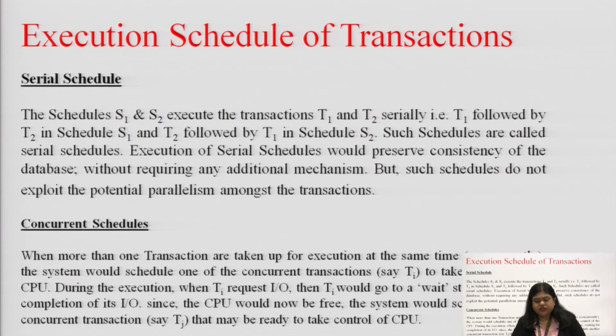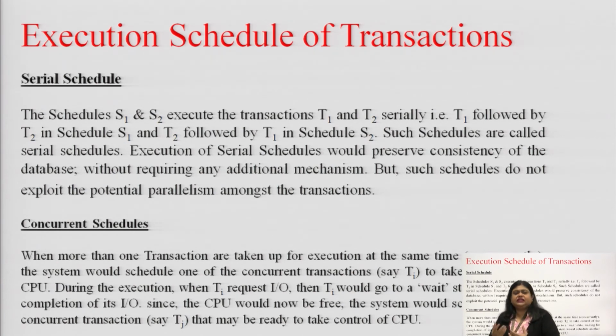Now, concurrent scheduling, what happens, whenever a transaction goes for an IO, right, an input output instruction, the CPU is taken from that transaction and is given to the next transaction, which is waiting for the CPU. So, there is an interleaving that is created.